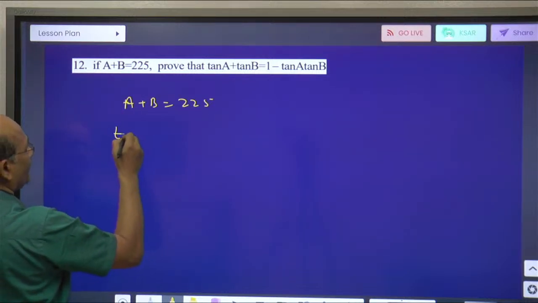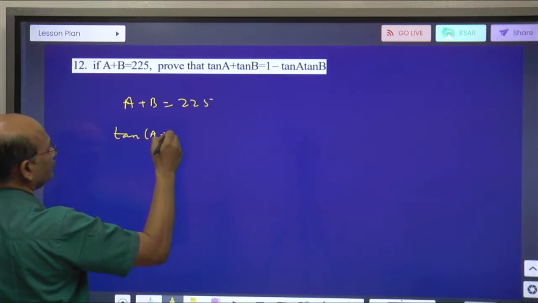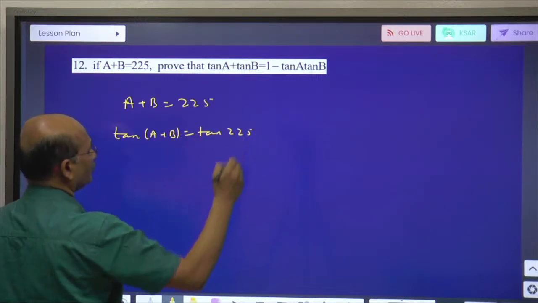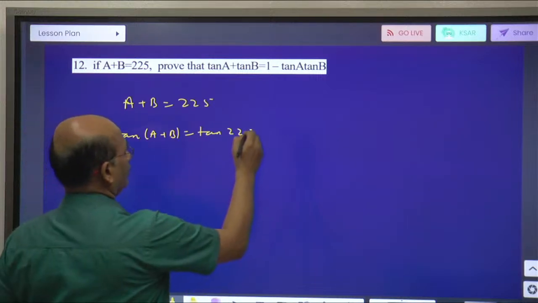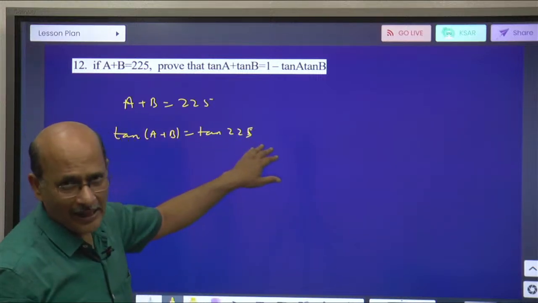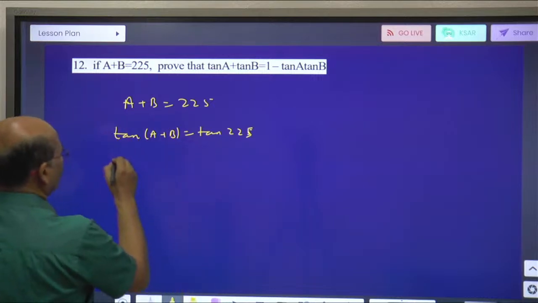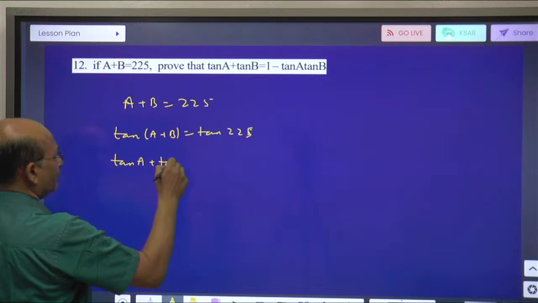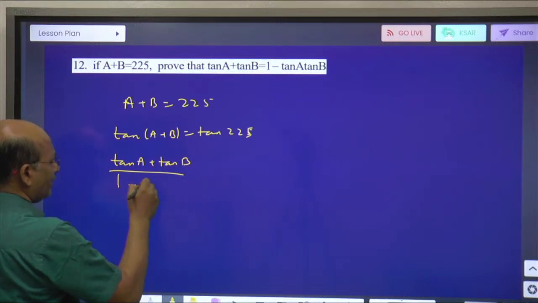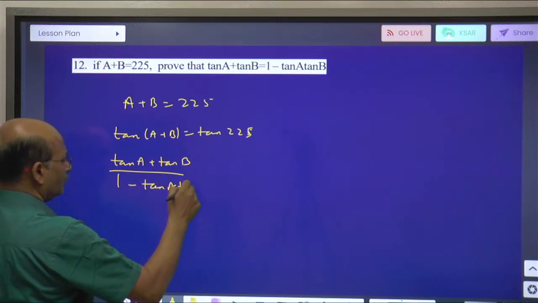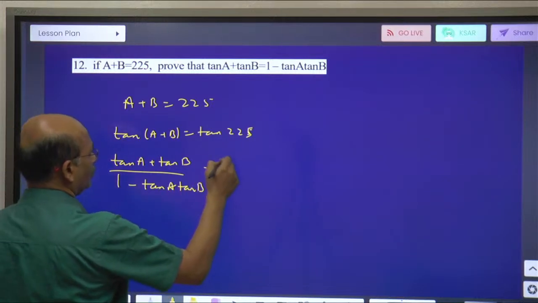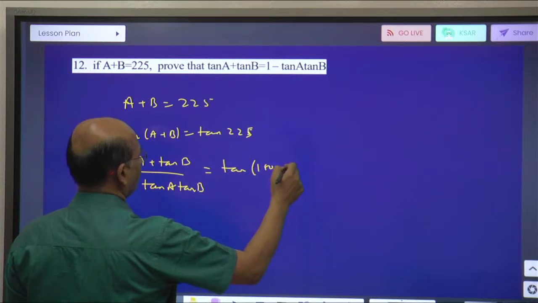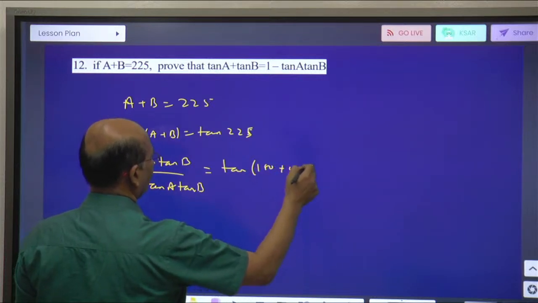So tan of A plus B is equal to tan 225. Now we have done trigonometric functions of any magnitude, of any angle we can find. So tan of A plus B, you know the formula. This is tan A plus tan B upon 1 minus tan A tan B is equal to, this I can write as tan of 180 plus 45.